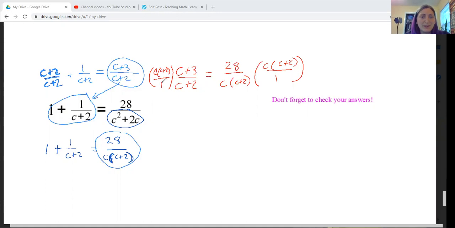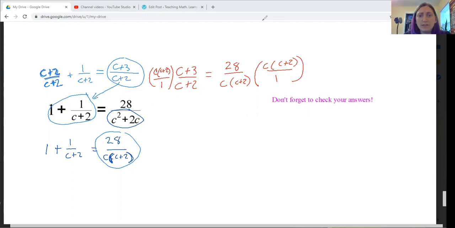C plus 2 over 1 on both sides. That's the common denominator, right? Now we had this situation earlier, but it was for stuff on one side of the denominator. Now they're on opposite sides, but you still have to multiply both sides by it. This should cancel some stuff out.